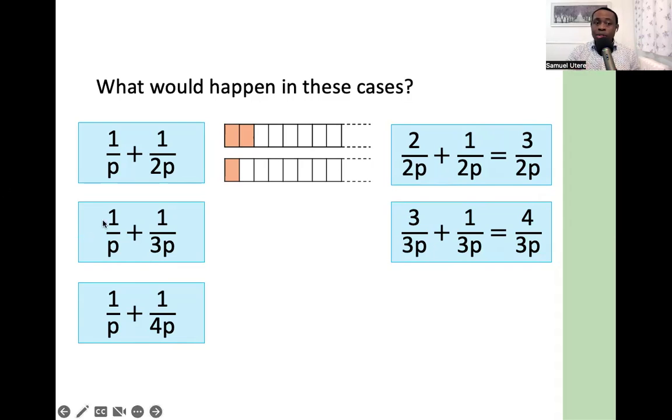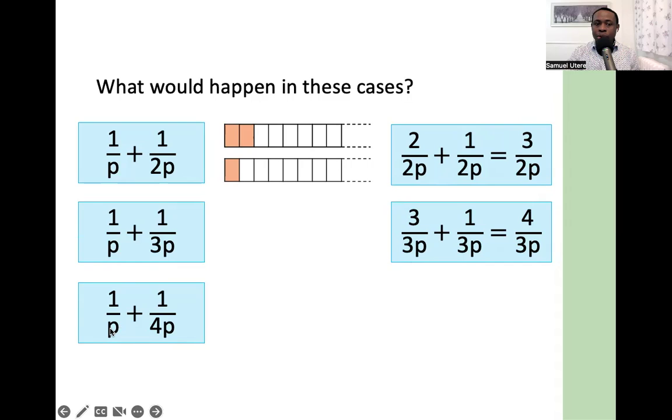So it means we're going to have to multiply this by 3, okay? Now, whatever you do to the denominator, you have to do it to the numerator. That's why we have this, which is an equivalent fraction of this one. All right, so 3 over 3p plus 1 over 3p, that will be 4 over 3p.